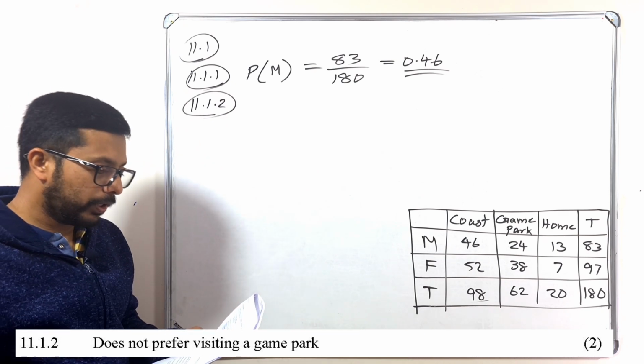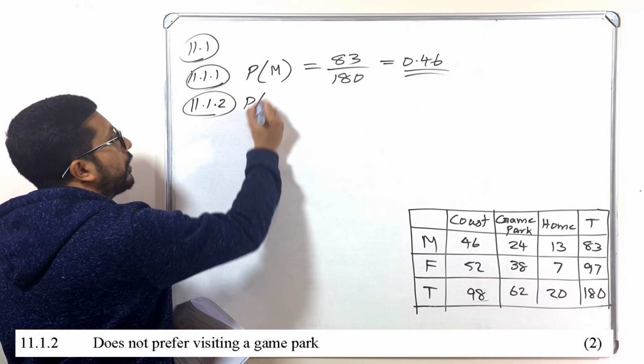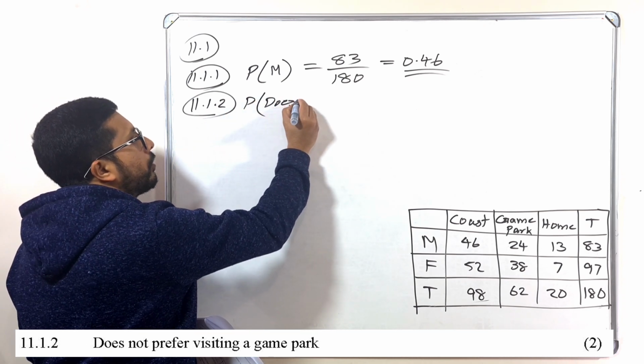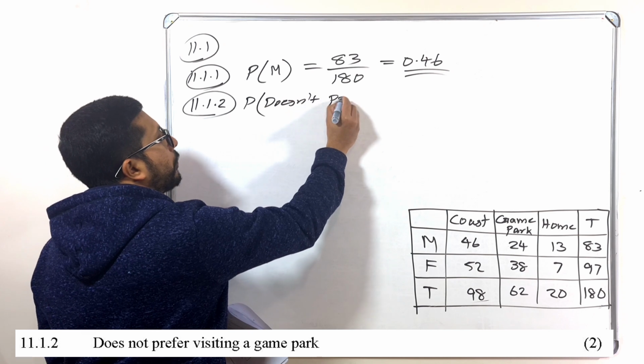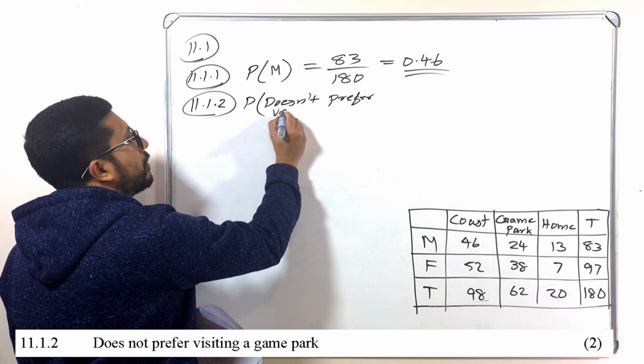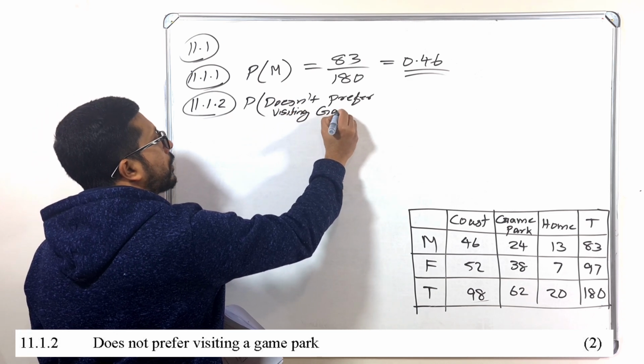Does not prefer visiting game park. There also you have to find the probability. What is the condition? Does not prefer visiting game park.